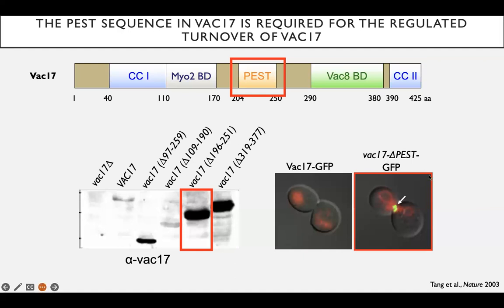That's also shown here when they removed the PEST sequence and looked at VAC17 fused to GFP, and they see its accumulation. Importantly, they also see that it's still attached to vacuoles, but this seems to alter vacuole inheritance, where you can tell vacuoles are getting pulled from both the mother and daughter side right to this mother-daughter neck. So the termination of vacuole inheritance is also impaired when you cannot regulate the turnover of this protein.